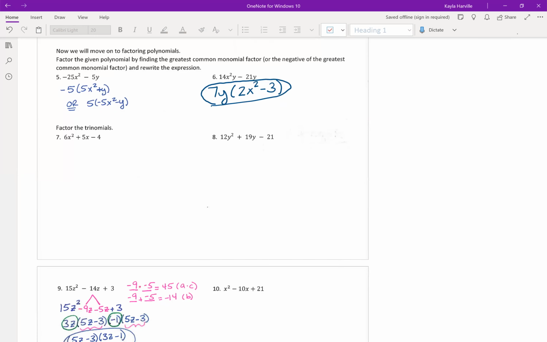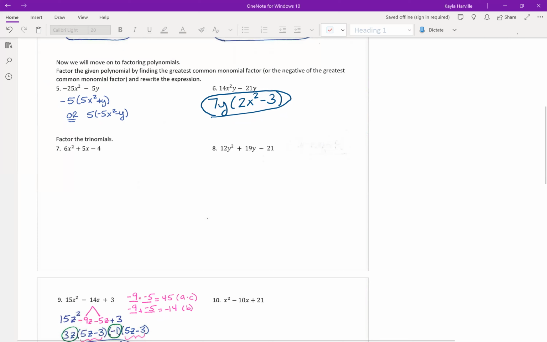So that just means that we are going to take the two numbers that multiply to give us negative 24, which is A times C, and we want those same two numbers to give us positive 5, which is our B. So there's no common factor between those three terms.